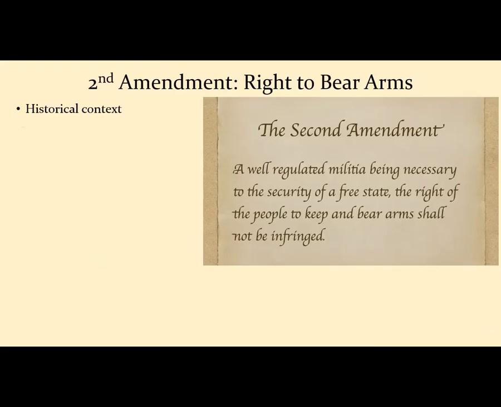If these individual men who served in the militia didn't have a gun, they couldn't serve in the militia. The militia couldn't protect its state. So a well-regulated, meaning armed militia, being necessary to the security of a free state. That's what we're talking about. We're talking about the ability of states to defend themselves through their militia. That was needed in early American history.